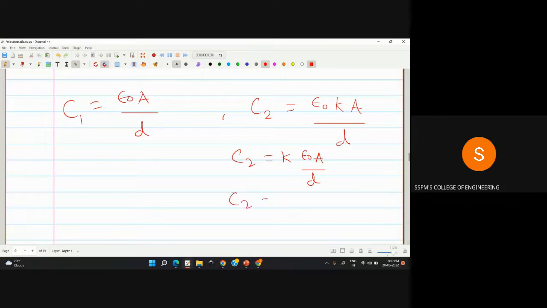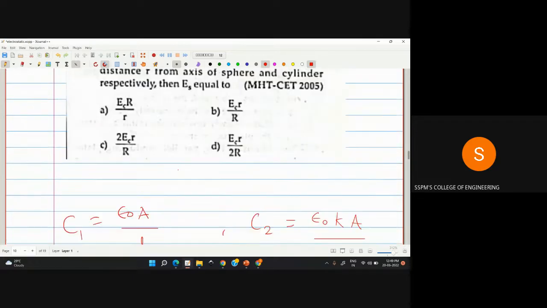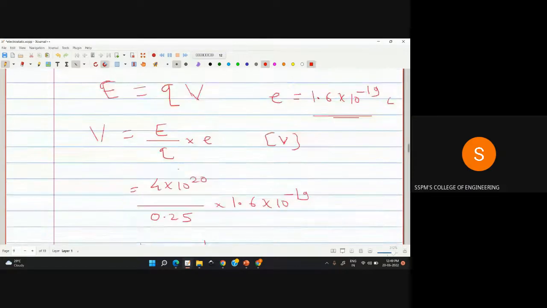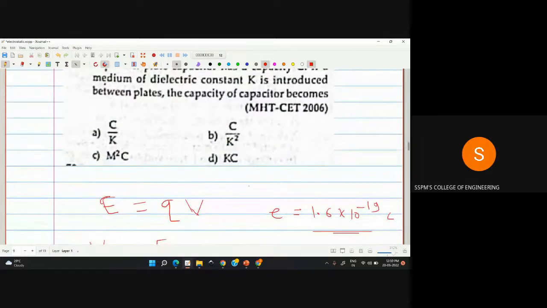So what is C2 after adding the K? It will be K into C1. Isn't it? So what would be the correct option? K into C. These examples are very easy, but you try to understand the problem and then you solve it.